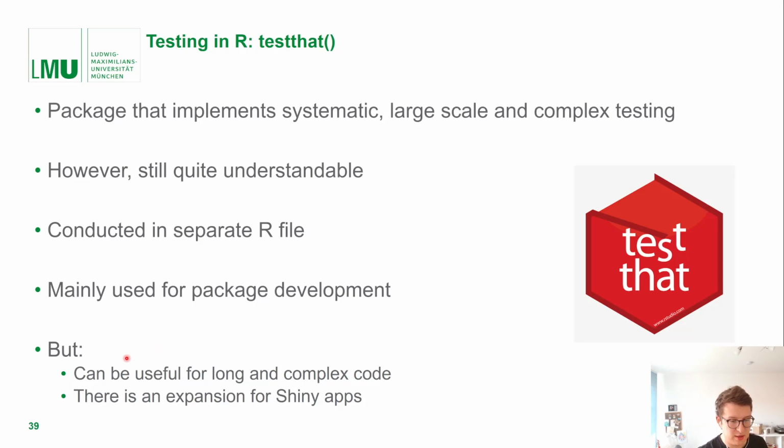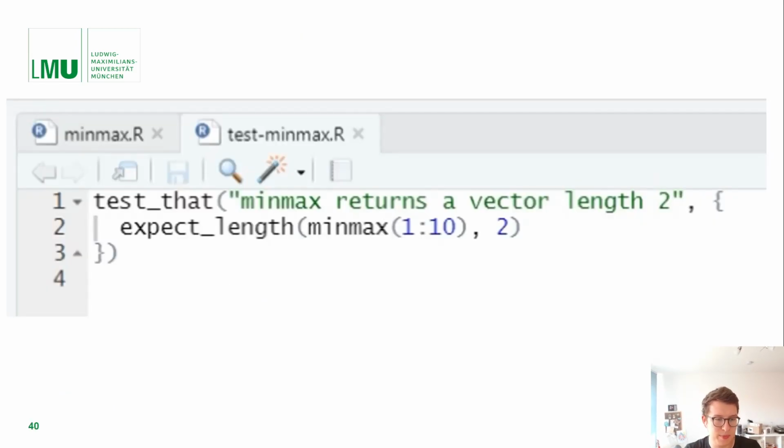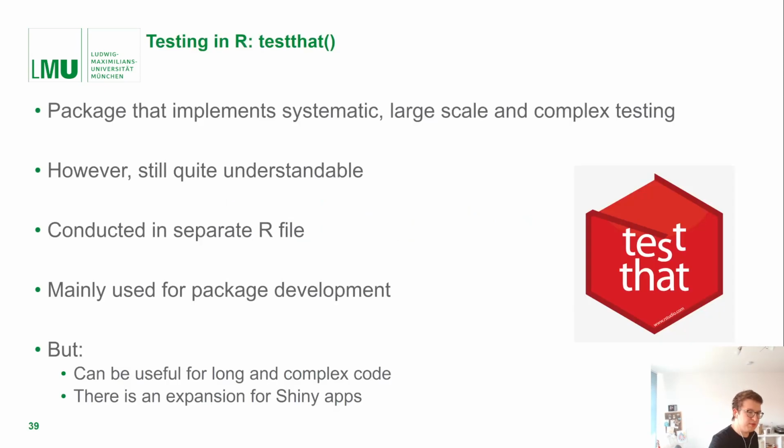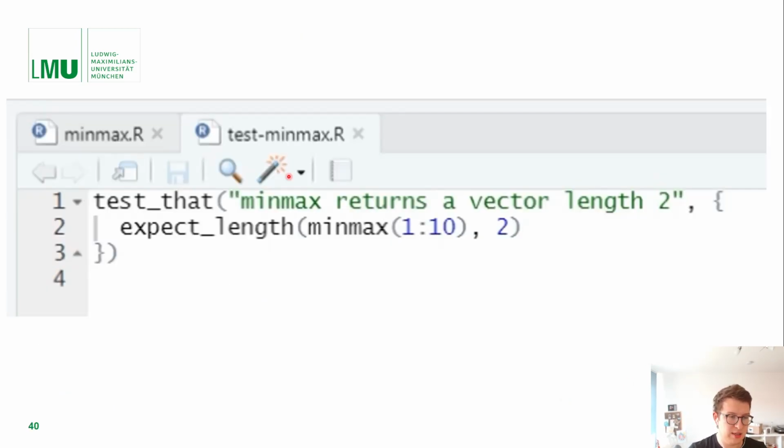I also recently saw that there is an expansion for Shiny apps, which all of you know how to create. So I think testthat can be a powerful and really helpful tool in preventing us from making big errors. Just some screenshots. In the next practical we will look at testthat in a little more detail.